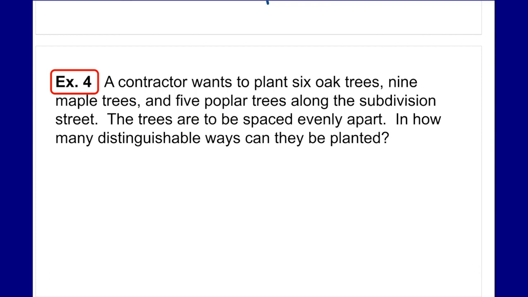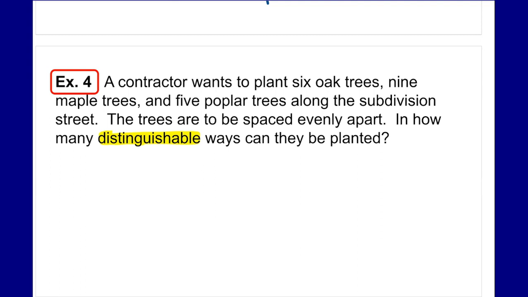A contractor wants to plant 6 oak trees, 9 maple trees, and 5 poplar trees along the subdivision street. The trees are to be spaced evenly apart, and in how many distinguishable ways can they be planted? So again, key phrasing here, distinguishable ways. So how many ways could we clearly identify a difference?